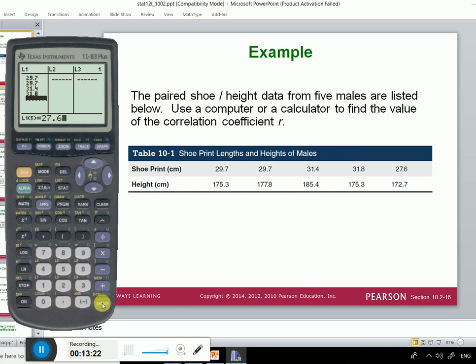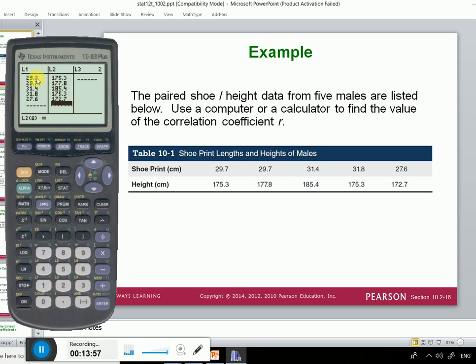So that is my X. Now I go to my Y, I enter 175.3, 177.8, 185.4 right here, 175.3, and 172.7.